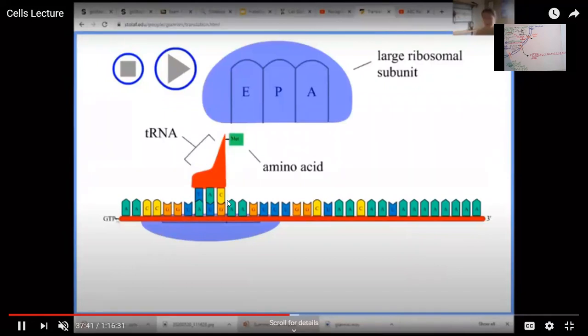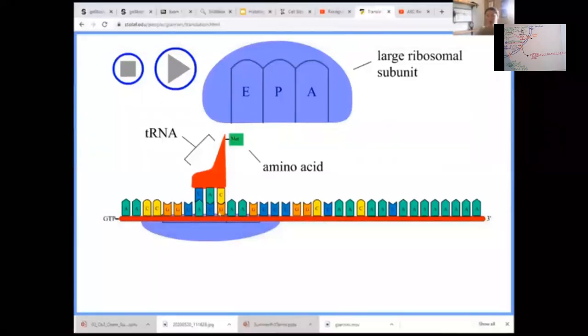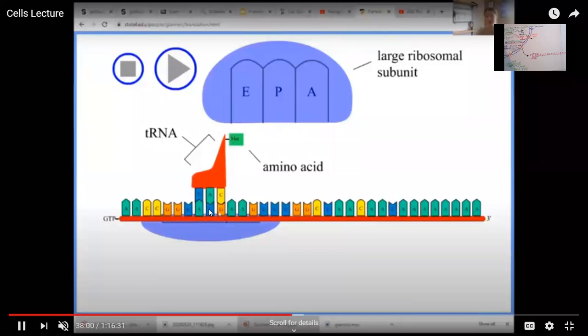Once it finds the start codon, we have a tRNA bring the very first amino acid into the ribosome. The start codon is always AUG, a 3 nucleotide long sequence.